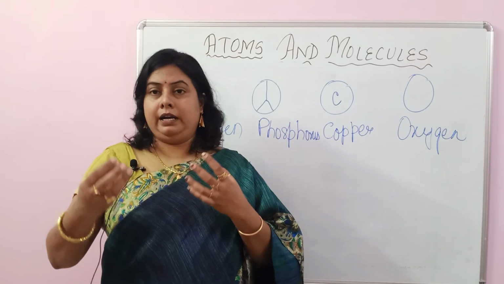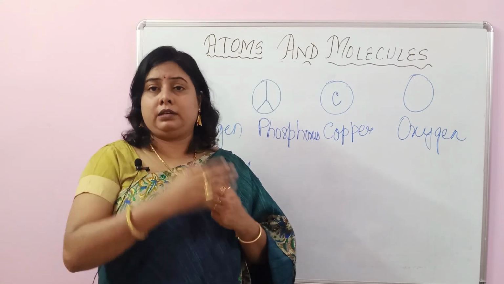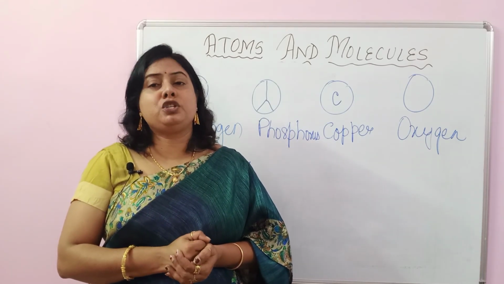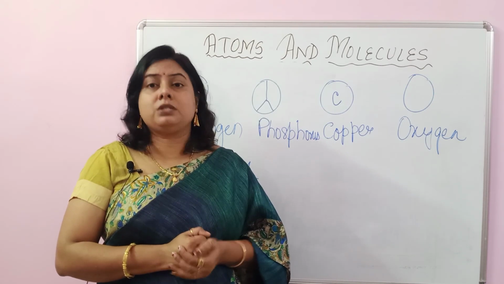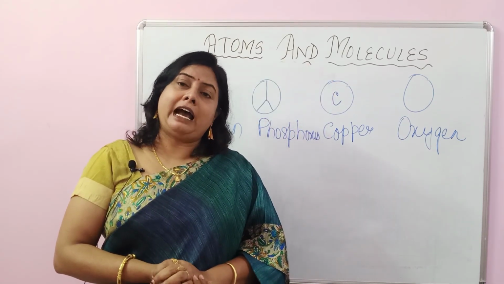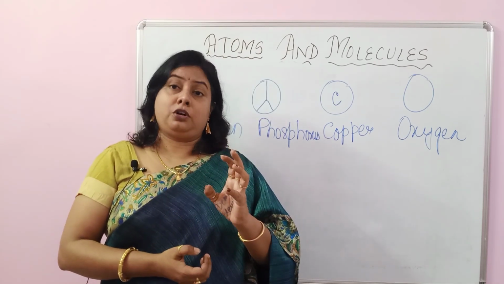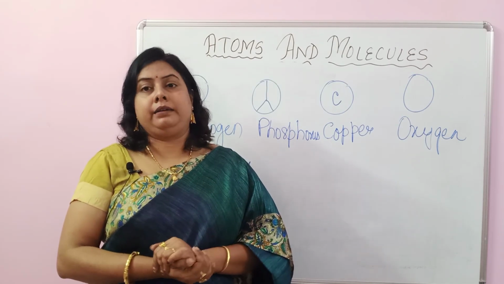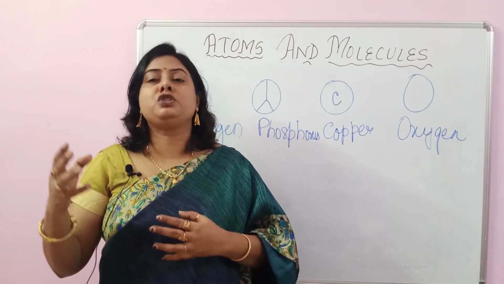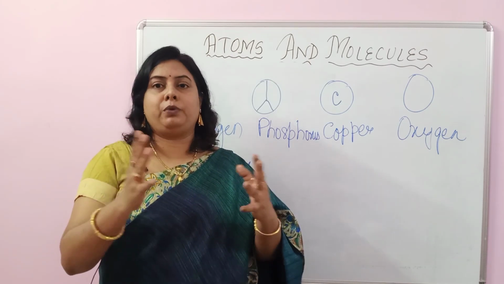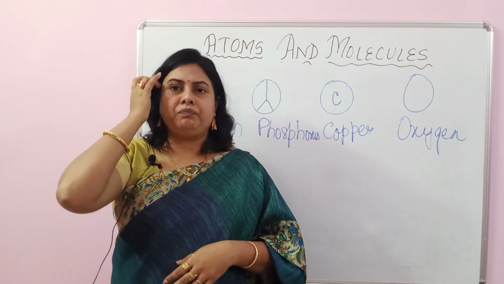So if an atom is 1/12 times that of the carbon-12 atom, it is taken as 1. If an atom is 2/12 times that of a carbon-12 atom, its atomic mass is 2 AMU.